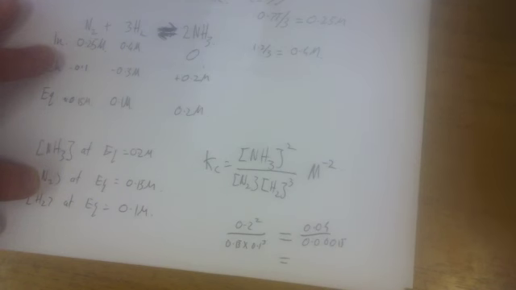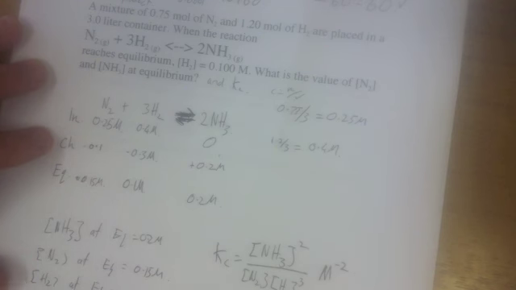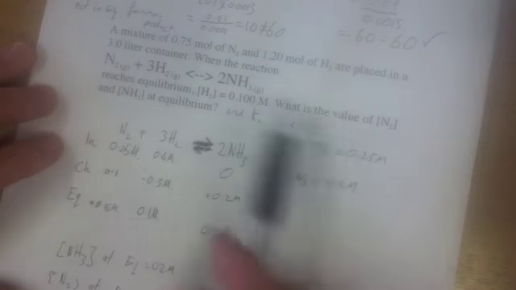Then 0.04 divided by that equals about 266.6 molar to the power of negative 2. Now, this probably isn't the actual K value for this reaction, it's just an example, but this is how you do it. So please don't take this as the actual literature value for this chemical equation, because I'm 90% sure it's not right. But that's how you do it. It's right for this example that was given to you.